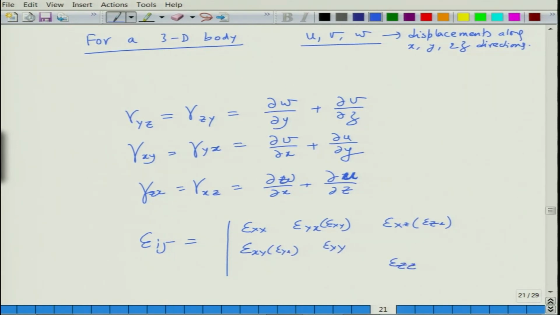Here you will have epsilon zz, this will be epsilon zy or epsilon yz, and this will be epsilon xz or zx. So, this will be the strain tensor that we can write.